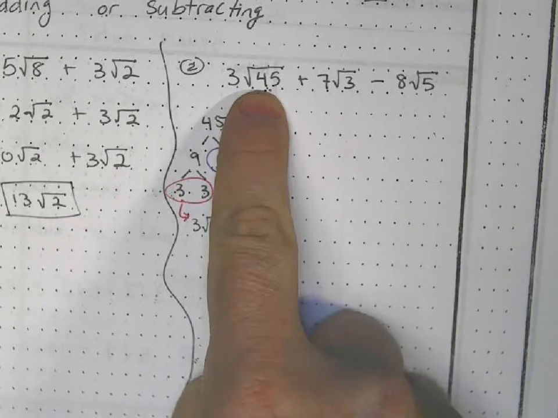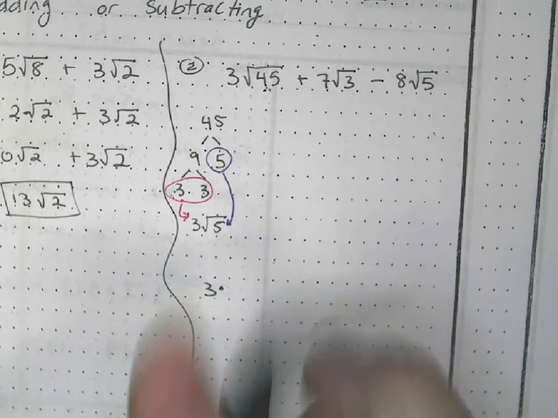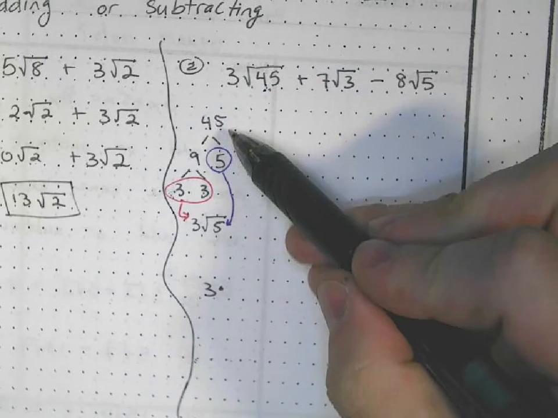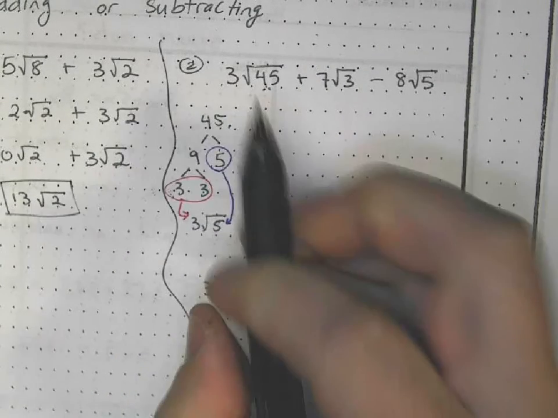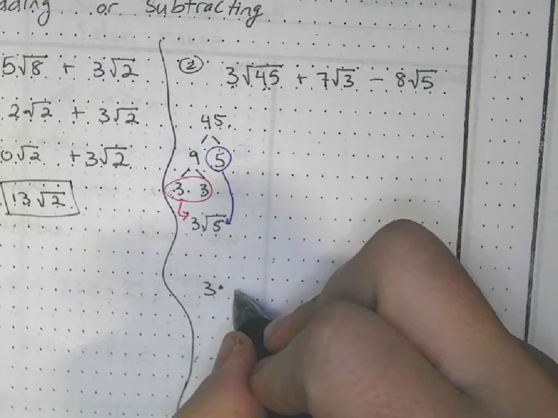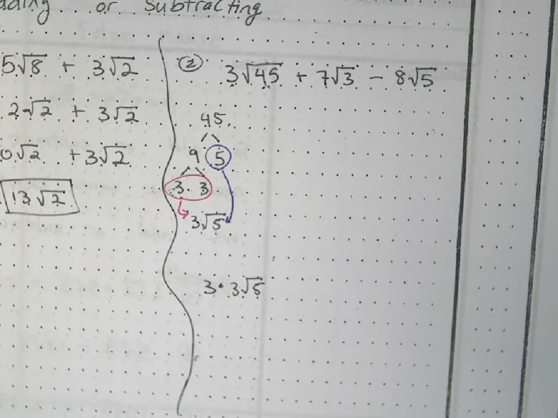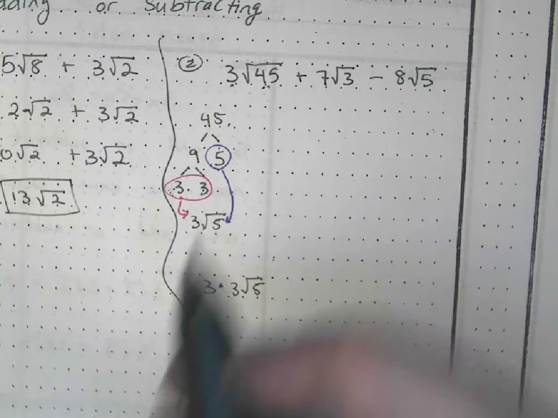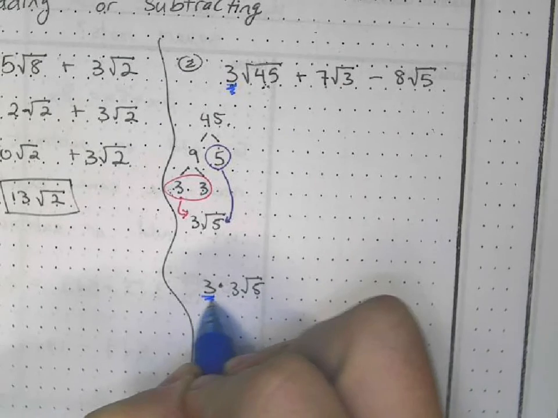Okay, so I have my 3 root 45. So I'm going to have 3 times, and what did root 45 become? Well, root 45 became 3 root 5. So I'm going to go 3, that's the 3 from the beginning, times 3 root 5, like so. So I want to make sure this is clear. This 3 right here is this 3 right there.